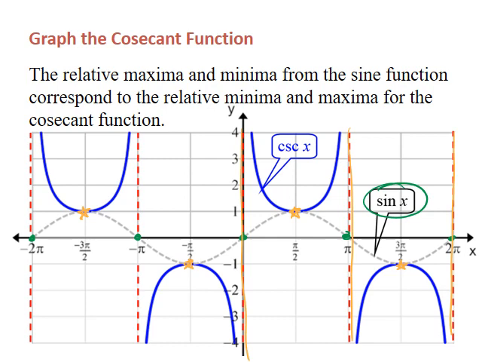Then wherever a maximum or minimum occurs, you'll have these little branches. One full period is a branch that opens upward and a branch that opens downward. Here, the period again is 2 pi.